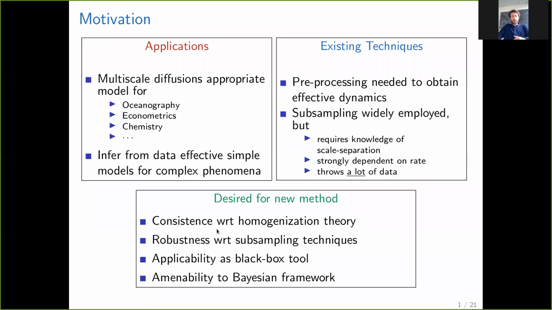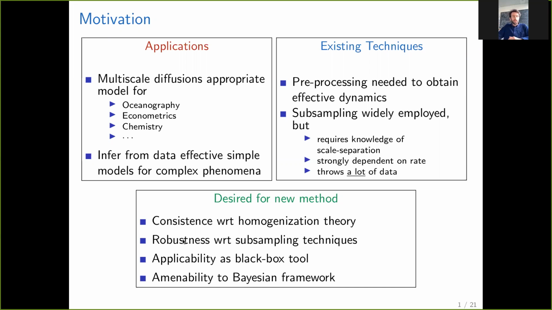So the first desired thing is that the results of the inference procedure are consistent with respect to homogenization theory. So in case the data of the problem are given, then through the theory of homogenization, we can compute an effective model. So we would like that our inferred simple model is consistent in this case with the theory of homogenization.